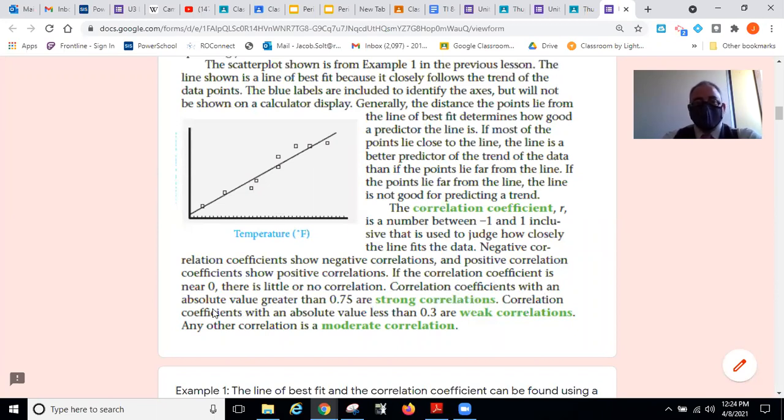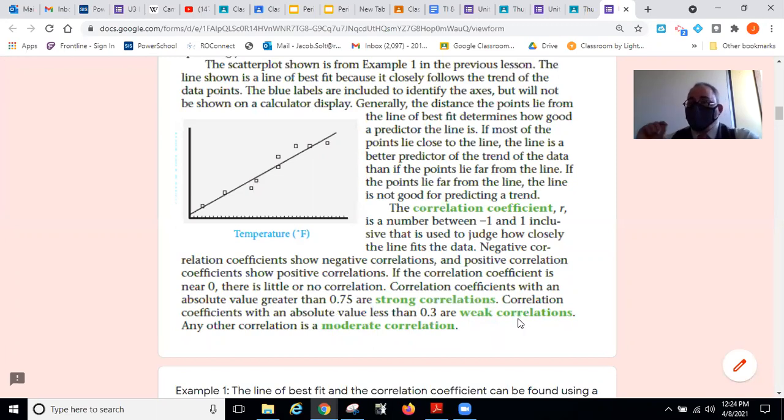If the correlation coefficient is near 0, there is little or no correlation. Correlation coefficients with an absolute value of 0.75 or greater are strong correlations. Correlation coefficients with an absolute value of 0.3 or less are weak correlations.